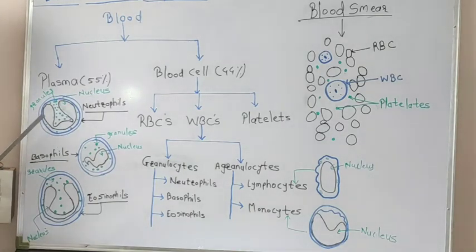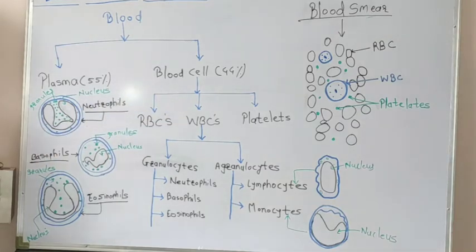I have already told you that RBCs, WBCs, or platelets, every cell has an average number, and on the basis of this average number, the cell range is decided. So for WBCs, the average number is 5000 to 11,000 per mm cube of blood.